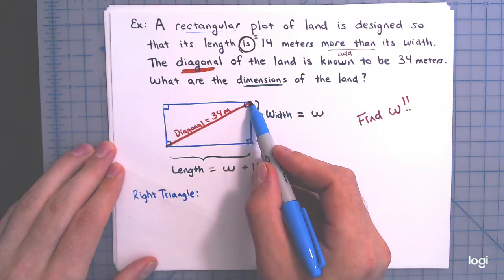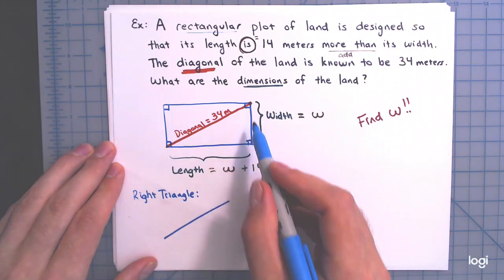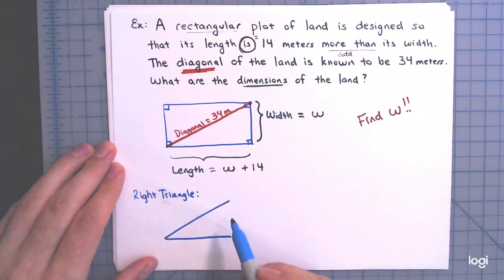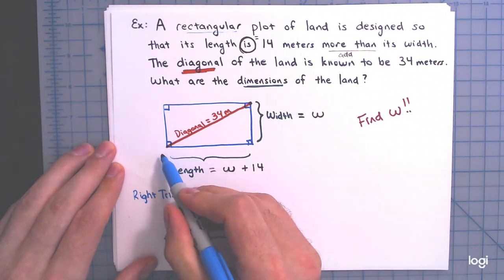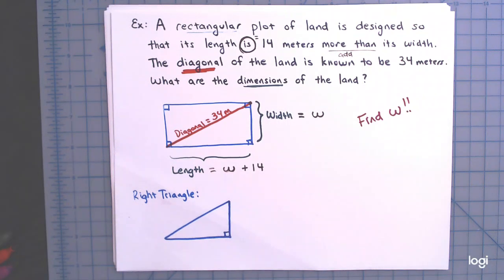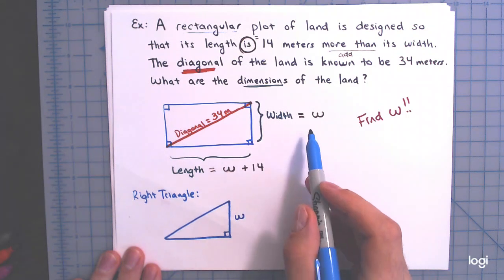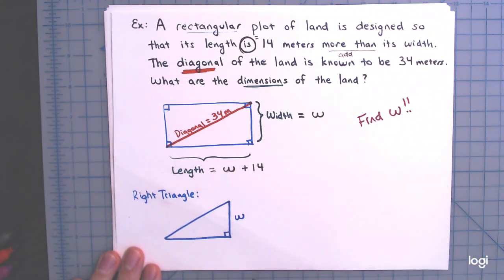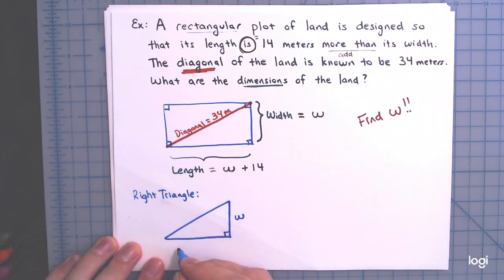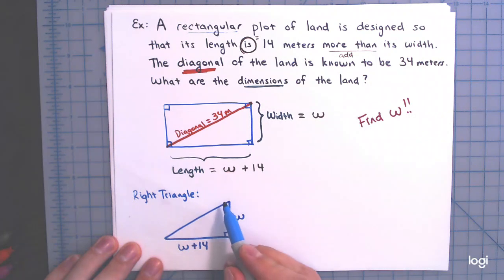If I go from this upper right corner to the lower left corner, and then draw the length and the width of the rectangle, I basically cut the rectangle in half. I get a right triangle where this leg has a length of W meters, because I mentioned meters. This leg, the length, has a length of W plus 14 meters.